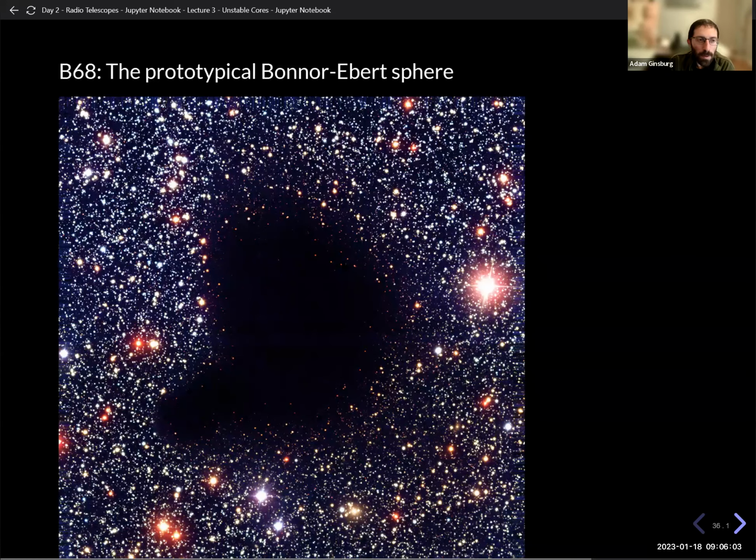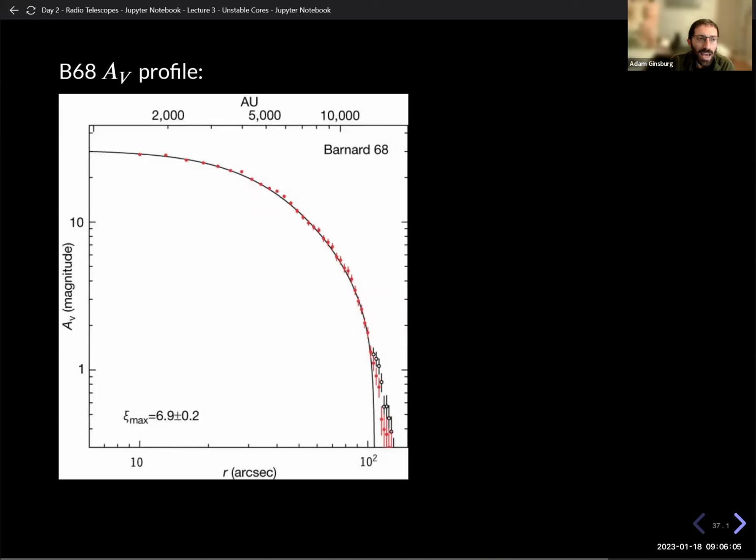B68 is our prototype. And the surprising thing about this one is that it really matches well to this particular profile, which is the Bonnor-Ebert profile. So you're going to dig into that in the homework and show that this is the case in the homework.